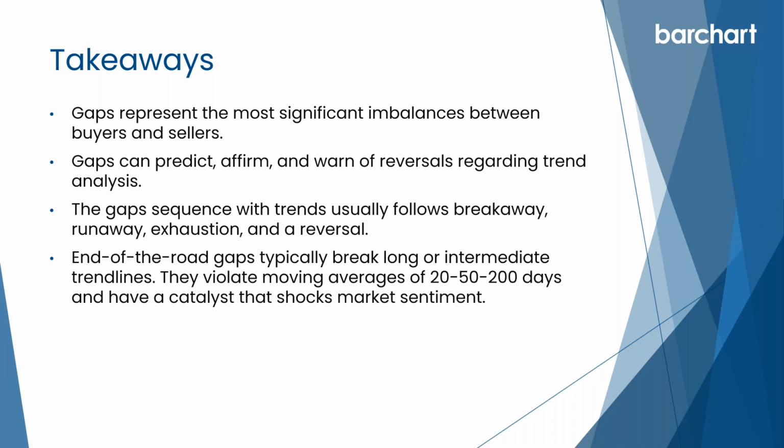I don't necessarily care about what the catalyst is, but usually there is a catalyst that shocks market sentiment. Typically that could be something like earnings. And today, we've got the Fed. So maybe tomorrow we might see some end of the road gaps as the market reacts to what the Fed said today.